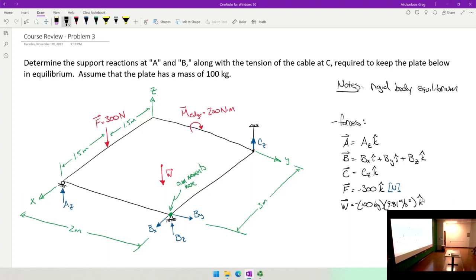That's going to be K. And so that's just going to be negative 981 K in newtons. Now for now, I'm skipping the moment because that's not a force. That is a moment. We will get to that here in a bit. Okay?